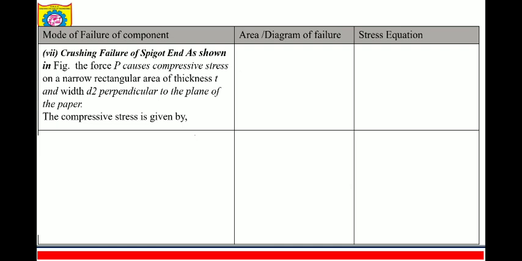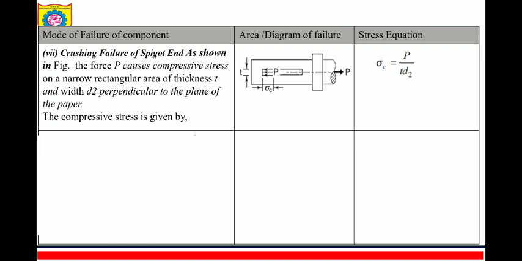Okay, now next is crushing failure of the spigot end. So see the diagram here, crushing failure. Crushing failure is nothing but a compressive force or compressing force, that's why it is called the crushing one. Here you can see this is the spigot end, and whatever portion of the cotter goes inside, that will go under crushing.